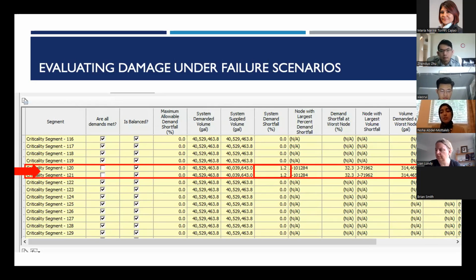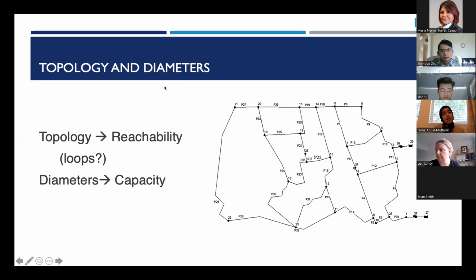And so this performance is really to a large extent determined by the connectivity of pipes to each other. Again, the reachability, are there enough loops, and also the diameters, the ability of capacity to be provided. So looking at this small benchmark example, we have a reservoir 28 right here. We have junction 6. We have multiple flow paths. We can take this path right here to the reservoir.